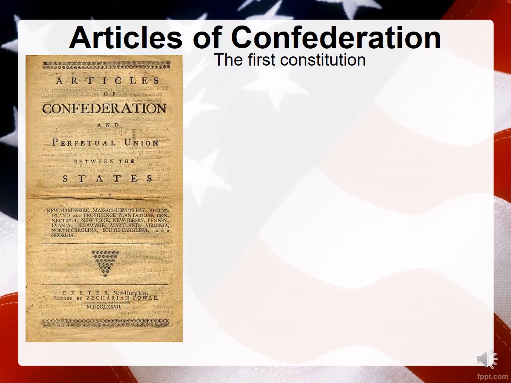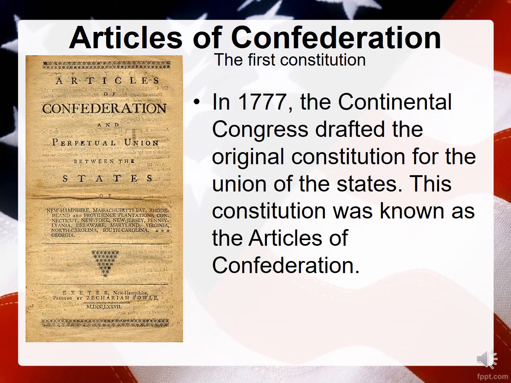But let's talk about the Articles of Confederation. This was the first constitution of the United States, of our new country following the Revolutionary War. In 1777, the Continental Congress got together and drafted this original Constitution for the Union of the States, and it was known as the Articles of Confederation.